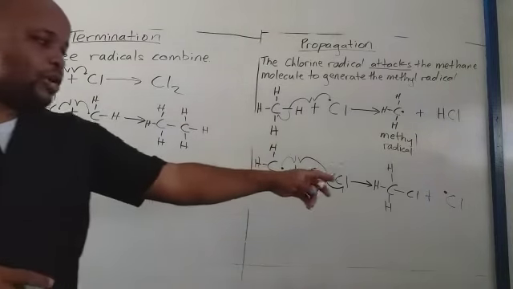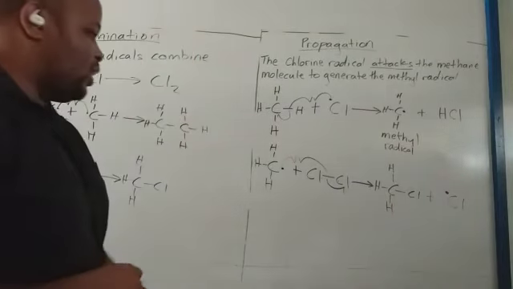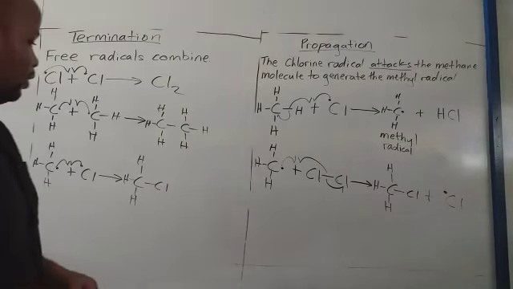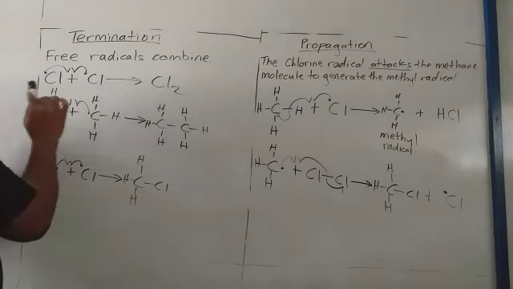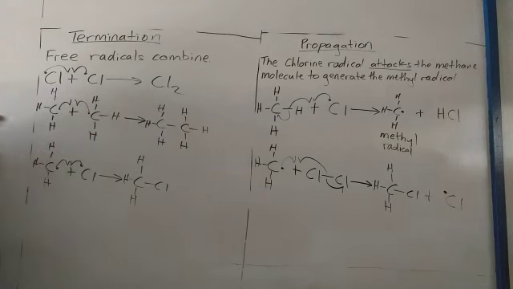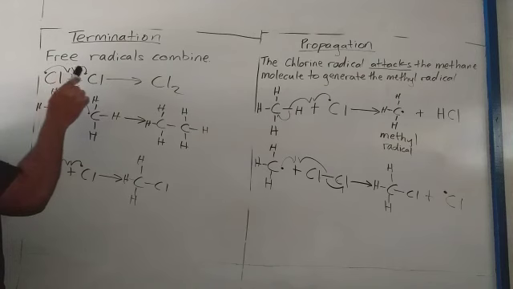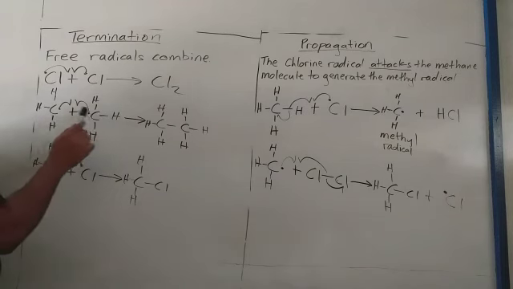If radicals are present, the reaction will continue because your radical is going to always attack your molecule. So for termination, which is when the reaction comes to an end, your free radicals will combine. When two radicals combine, you always get a molecule because each radical has one electron each. So if they share them, they are forming a bond. Two methyl radicals share one electron each.